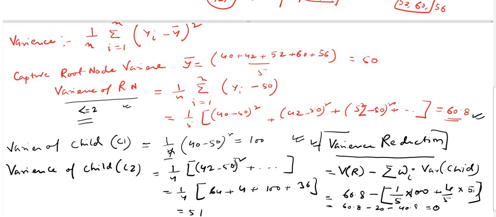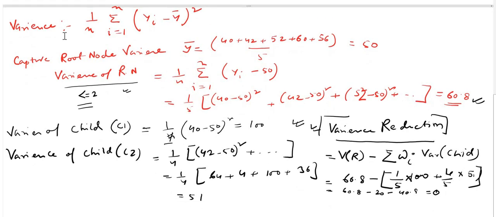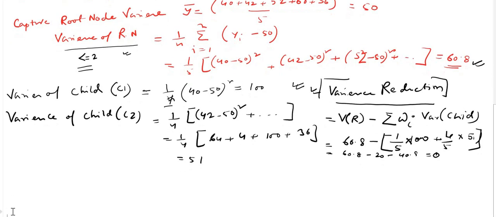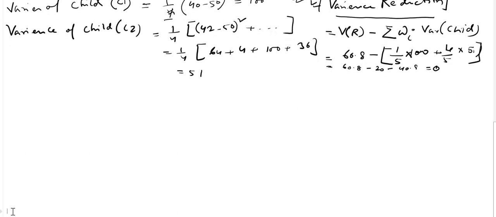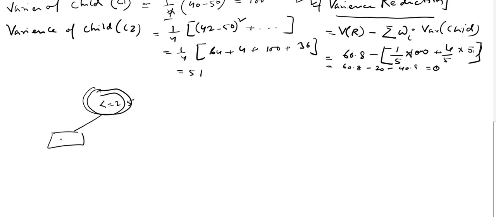Okay, now let's do the same thing for the other split. We'll do the same exact calculation but on a different split. A different split means when we have less than or equal to 2.5, and then we have 40 and 42 in this child node, and this is the root node, and in the other child we have 52, 60 and 56.